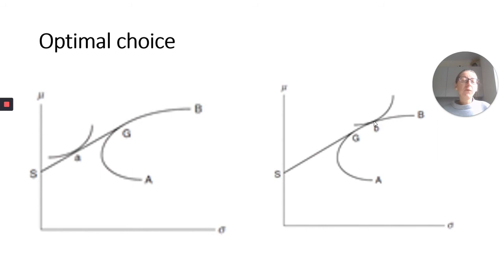On the other picture, a person is maybe risk indifferent or prefers the risk, so the indifference curve is upper.